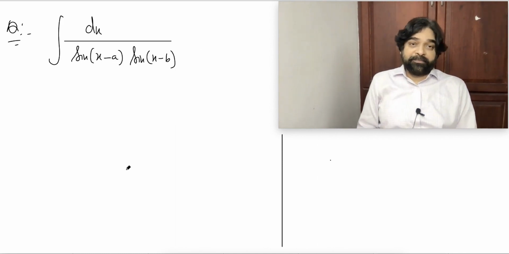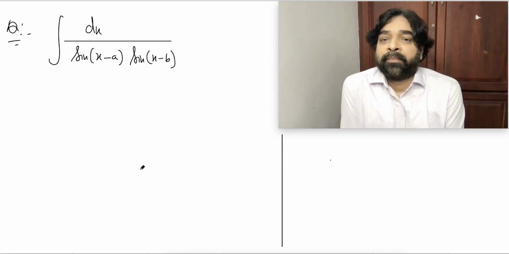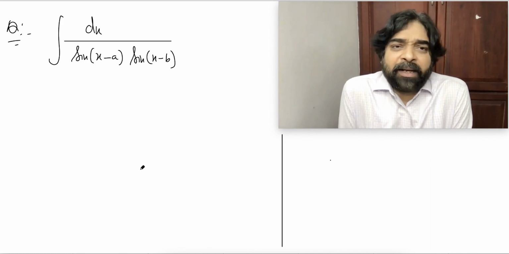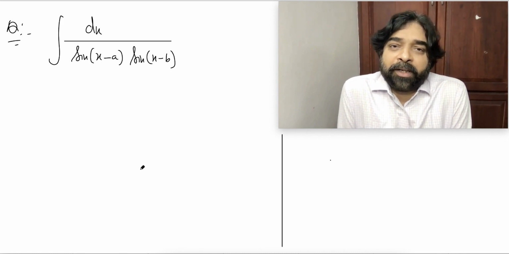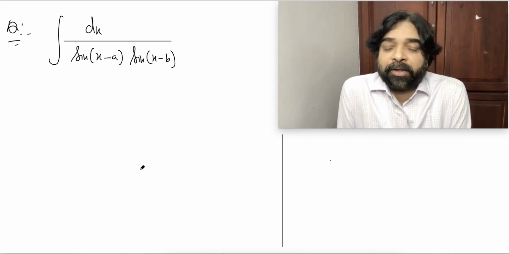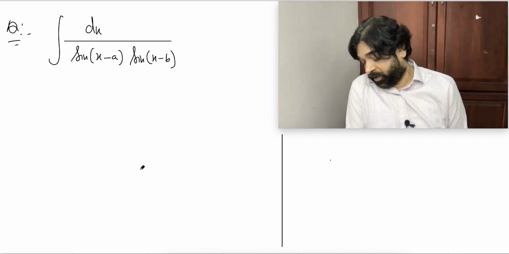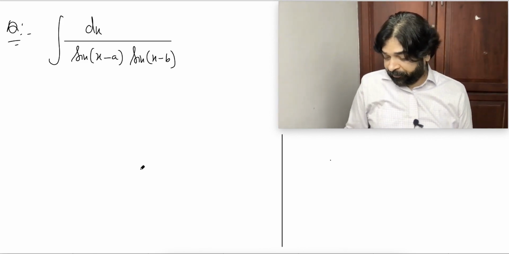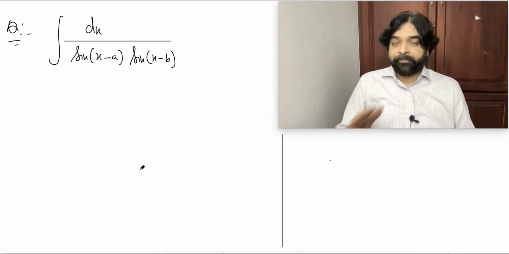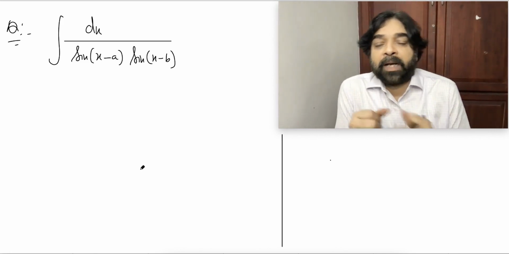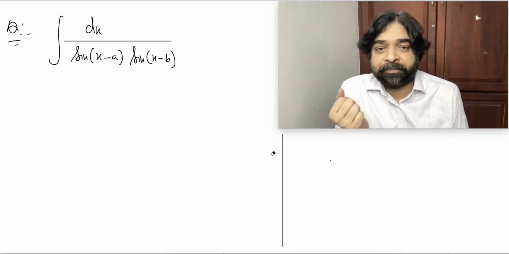This situation is a kind of tricky question. There is no trick of trigonometry in integration, trick of trigonometry. Can we guess the answer of this? How should we proceed for this?